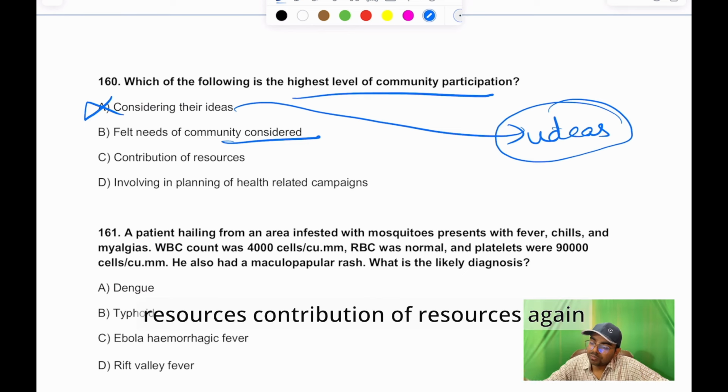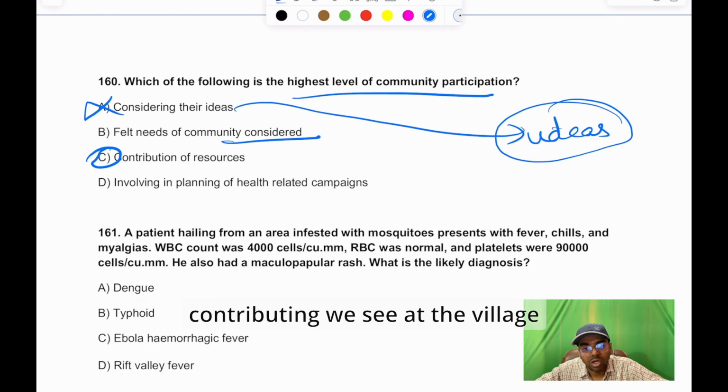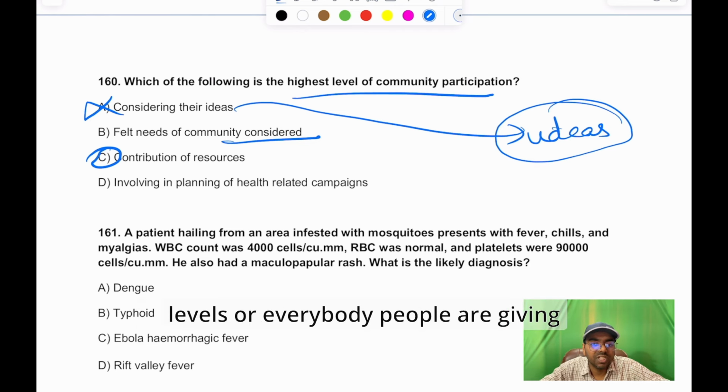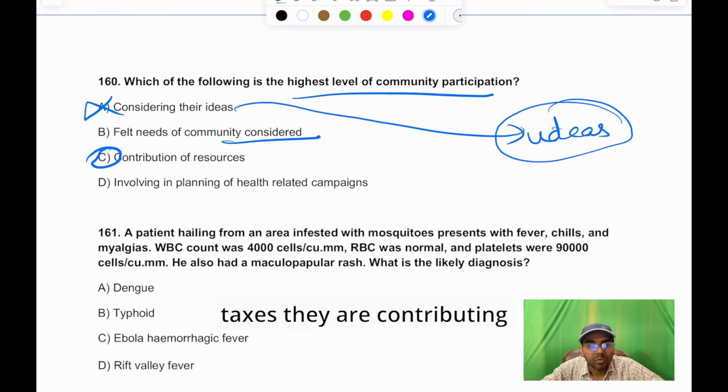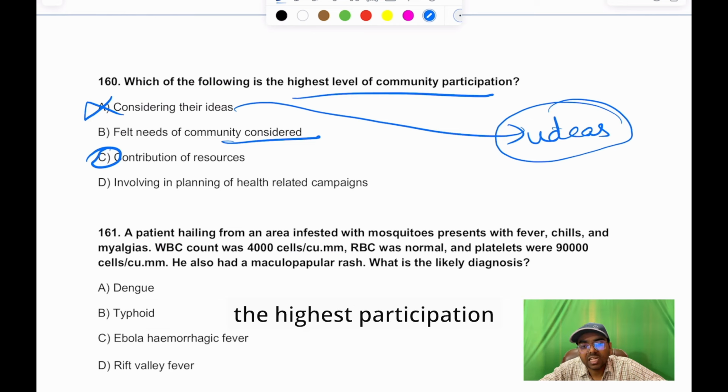So contribution of resources, again, resources we are already contributing. We see at the village levels, people are giving taxes, they are contributing in the form of resources, but that again would not be considered the highest participation.